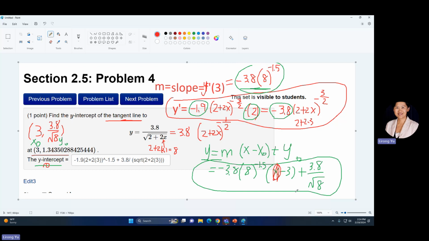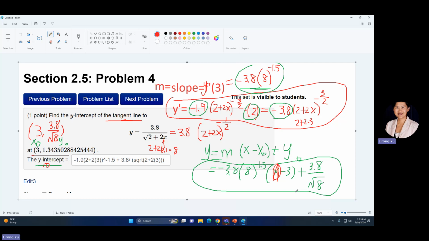So if you already have the tangent line equation, which has the x and the y, but you only want the y-intercept, make the x equal to 0, then that would be the y-intercept. So finding the y-intercept is basically replacing the x by 0, or you just choose not to write the x. Because it's normally 0 minus 3, you just write minus 3. And that's the y-intercept.